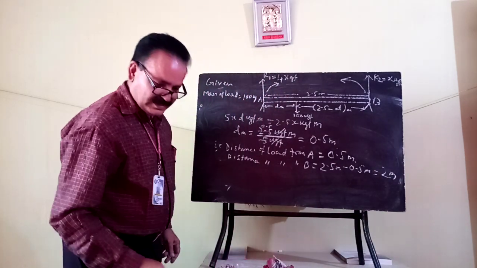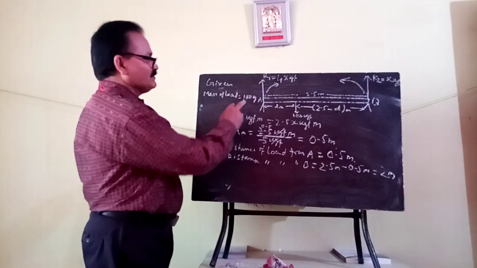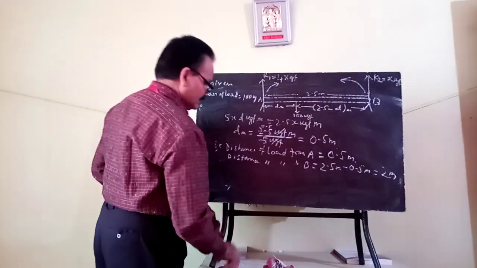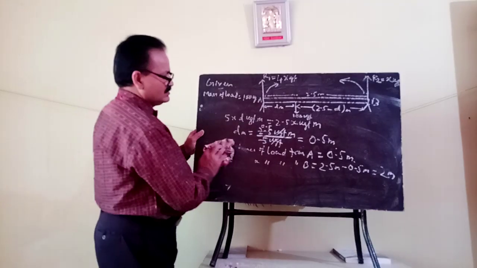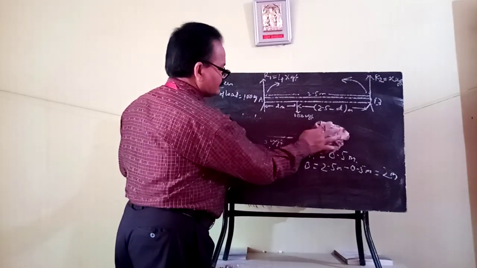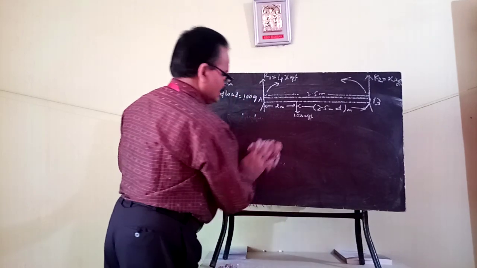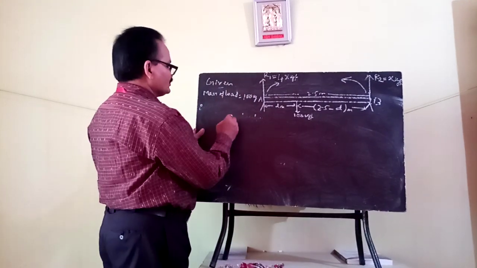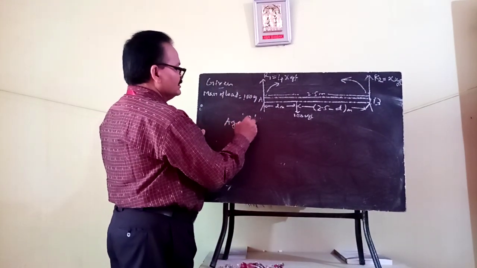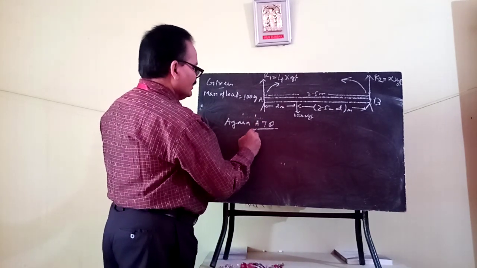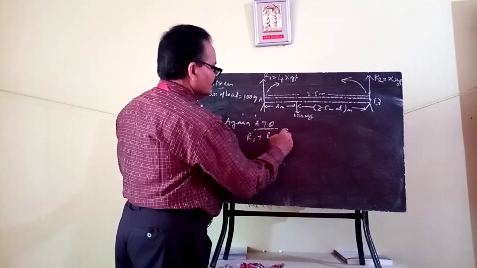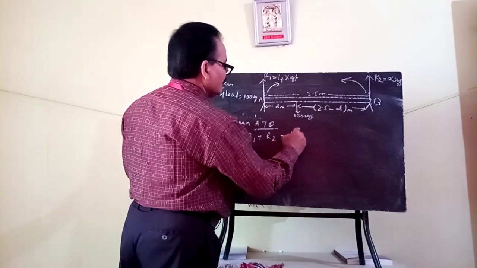Now we have to find out how much force is applied by A and by B. Again, according to the question, R1 plus R2 will be 100 kgf.